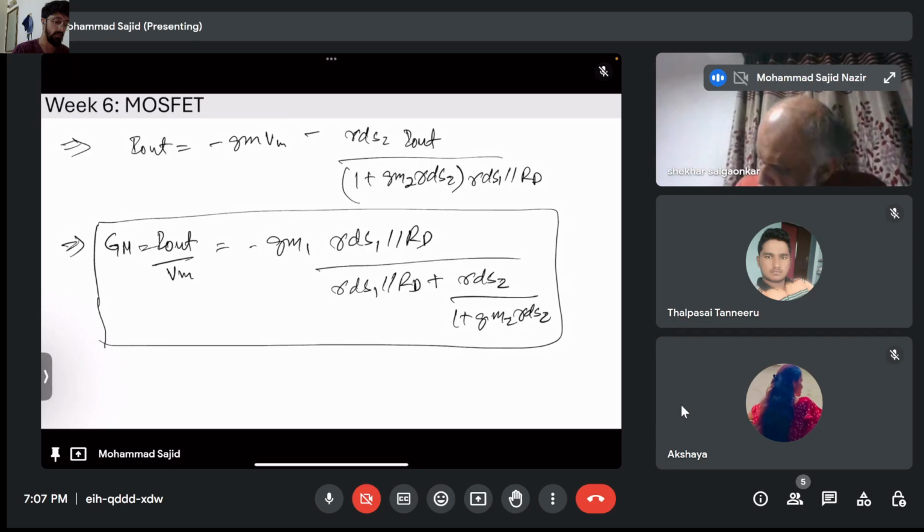Now you know how to calculate GM, you know how to calculate R out, then gain is simply GM multiplied by R out. Any questions till now? Because now we will move to a different topic.